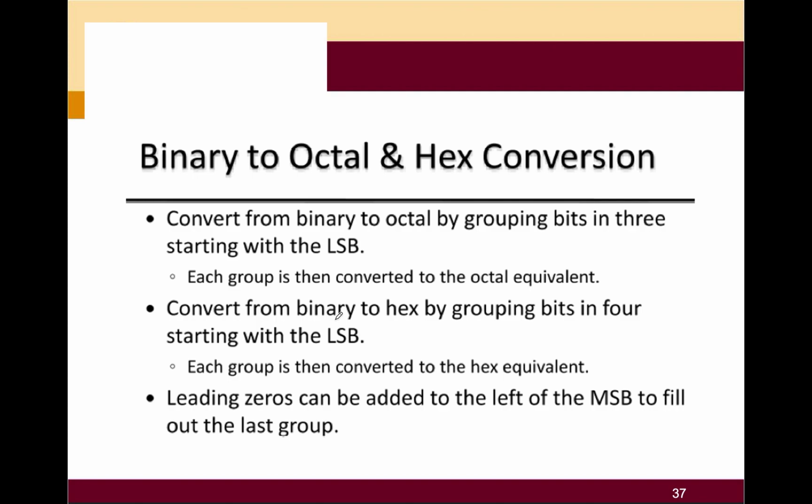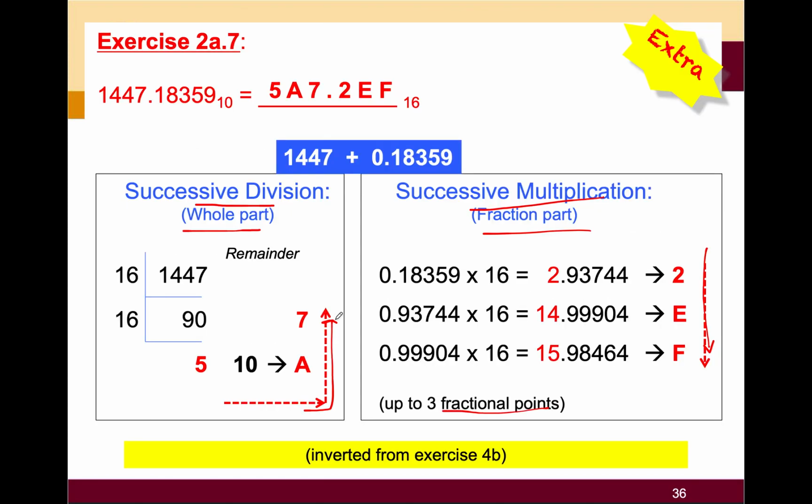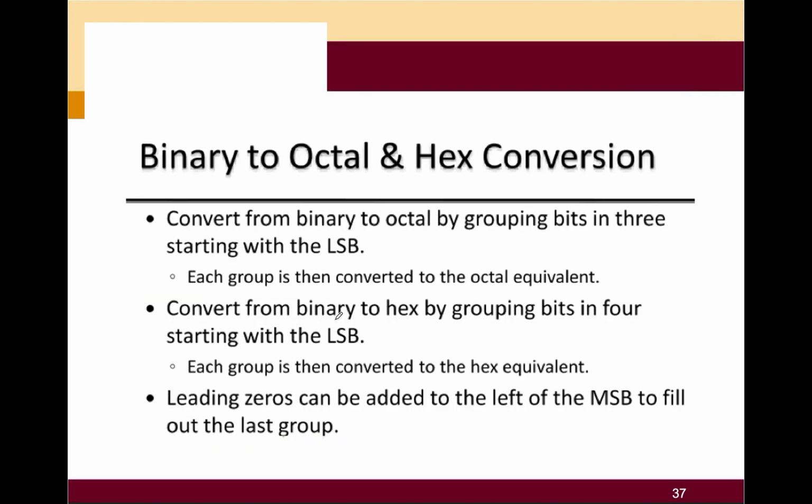So after you already learn how to convert from decimal to binary, decimal to hexadecimal, and decimal to octal, we need to learn other methods of conversion. So let's say over here binary to octal and also hex conversions. You need to convert from binary to octal by grouping bits in threes starting with the LSB, the least significant bit.